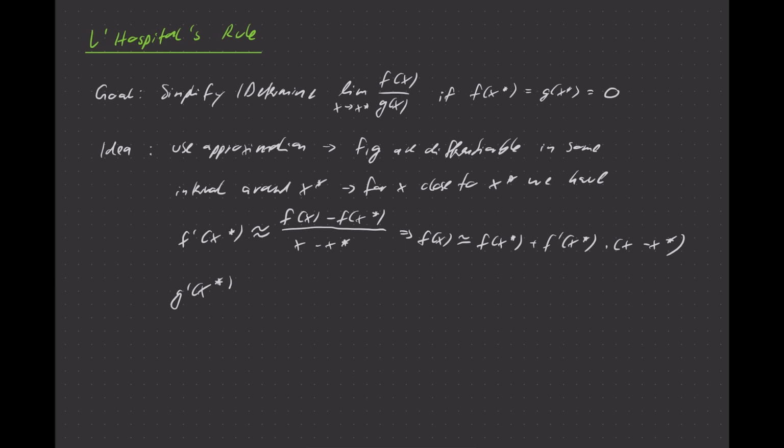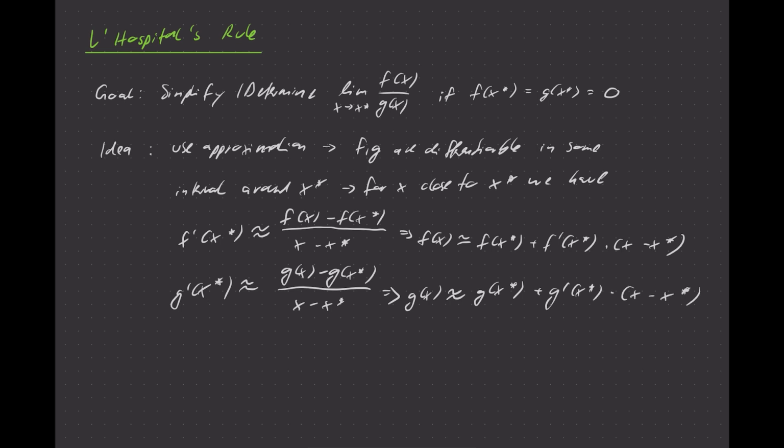So g prime of x star is approximately equal to g of x minus g of x star divided by x minus x star. That means g of x is approximately equal to g of x star plus g prime of x star times x minus x star.